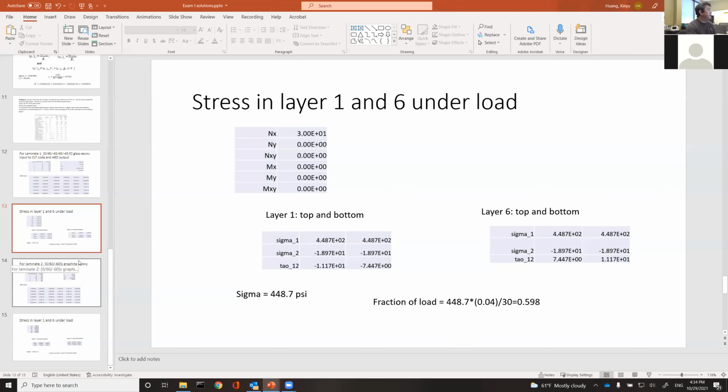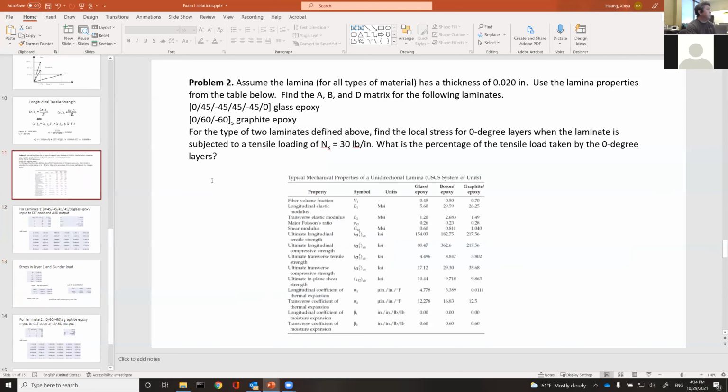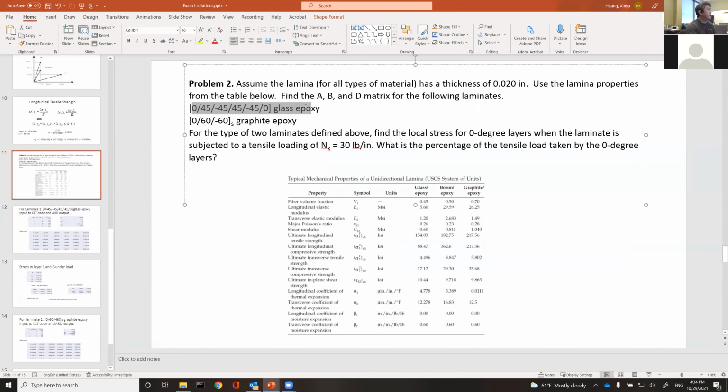All right. So we finished the calculation with this glass epoxy laminate. The next thing we calculate is the CLT ABD matrix for this graphite epoxy laminate. We're going to use the properties here. The difference between glass epoxy and graphite epoxy is that in graphite epoxy your E1 is much higher, because graphite is so much stiffer than glass.